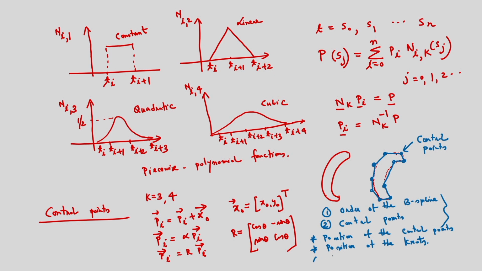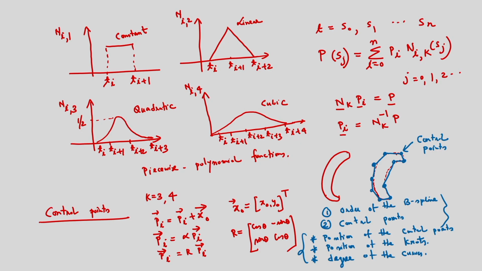And also I can change the degree of the B-spline curve, the degree of the curves. So I can change the shape of the B-spline curves based on these parameters: the position of the control points, the position of the knots, and the degree of the curves.